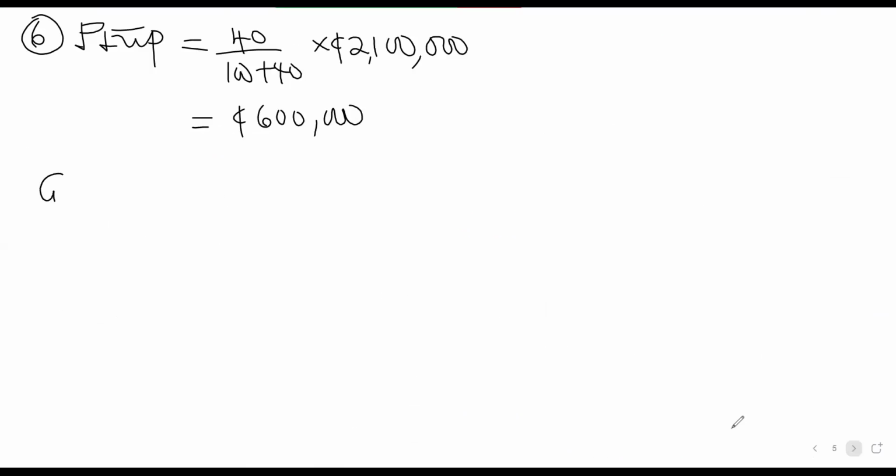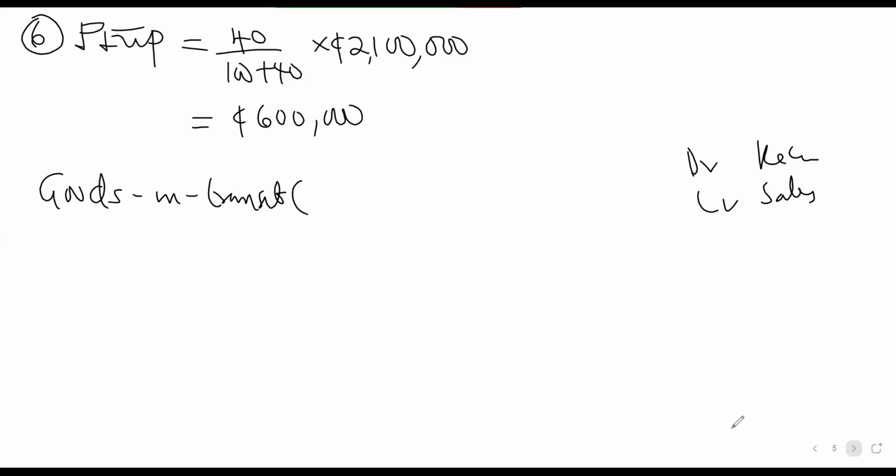So let's come to goods in transit. The parent will recognize these as debit receivables and what? Credit sales. Included in the sales is profit, which is yet to be realized. So we now come here and still have our 40, because they are using the same markup. 40 over 140 multiplied by 700,000.